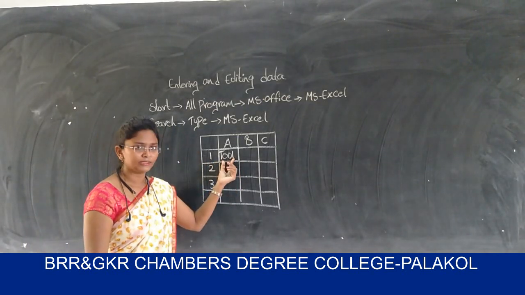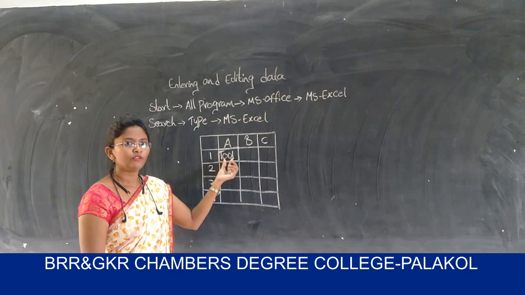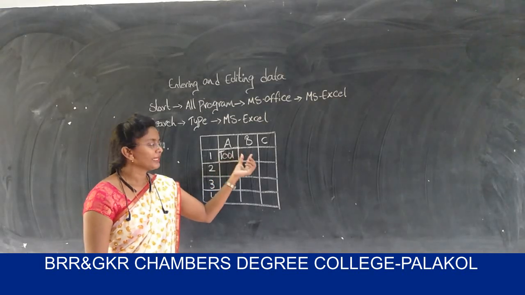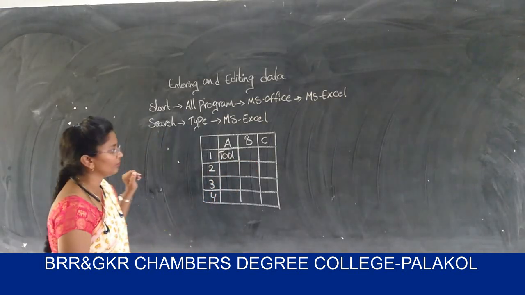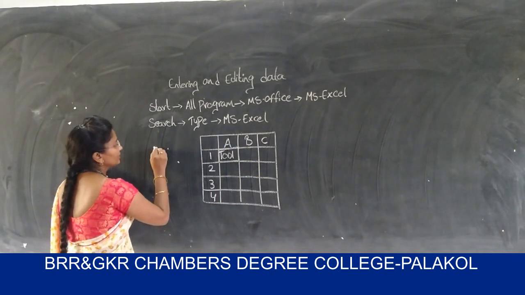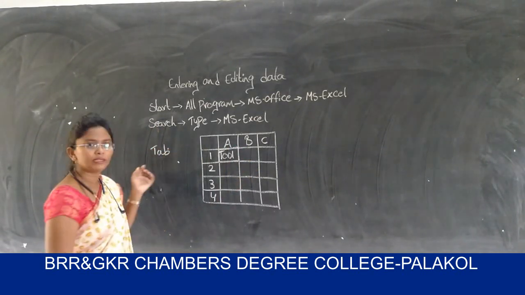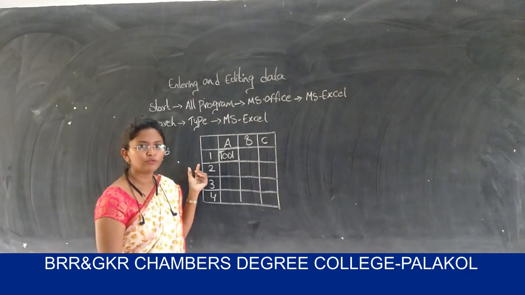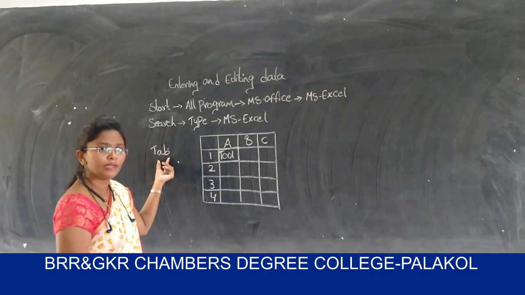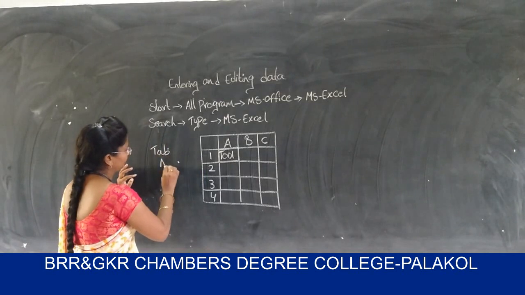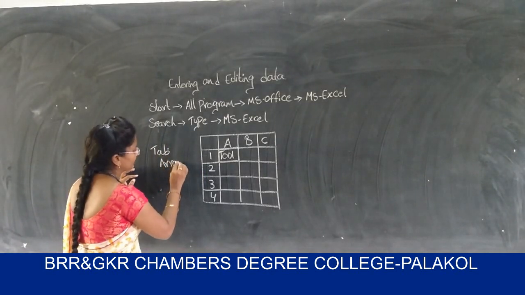After entering the data in the A1 cell, if I want to go to the next cell, there are two ways. First, you can press the tab key from your keyboard, and the next way is the arrow keys.